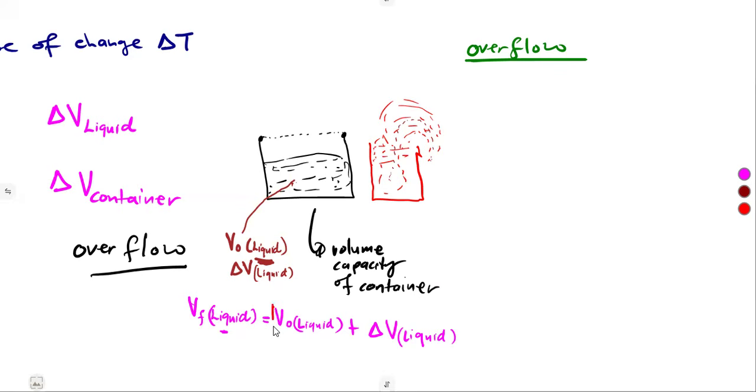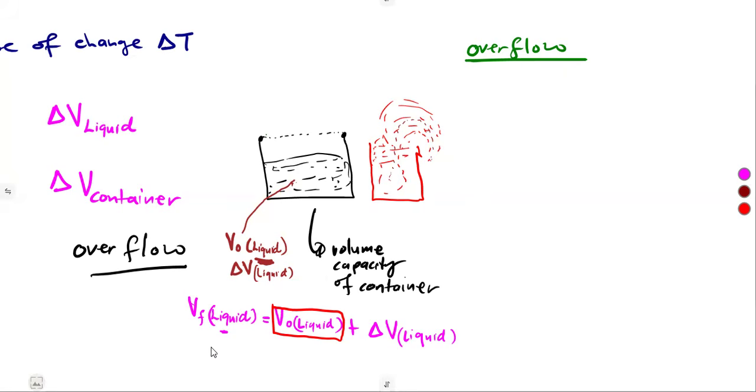This is the original volume, this one. It is this one that we see inside of the container. The overflow is the change, it is now the one that is coming out like that. So when you add the change to the original volume, that is where we are obtaining the final volume of the liquid, which is actually bigger than the volume capacity of the container.